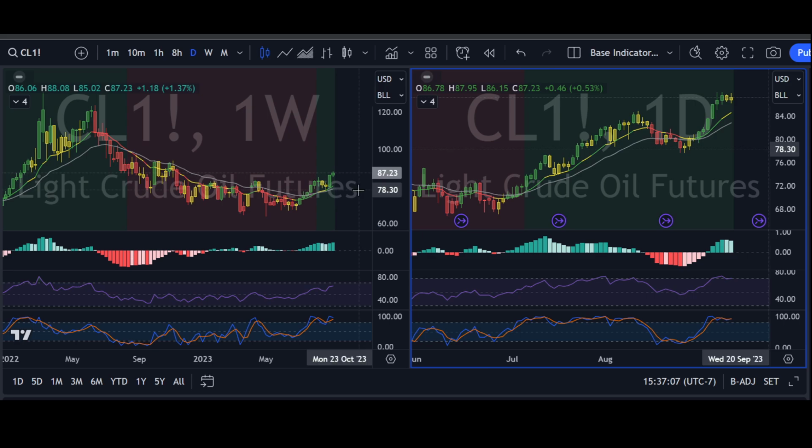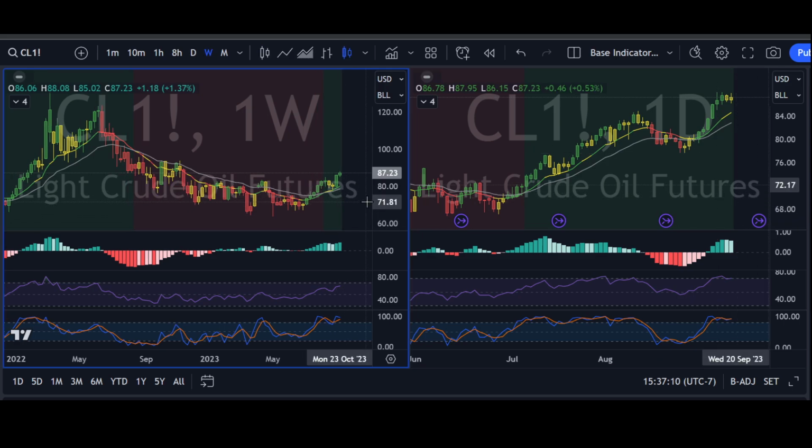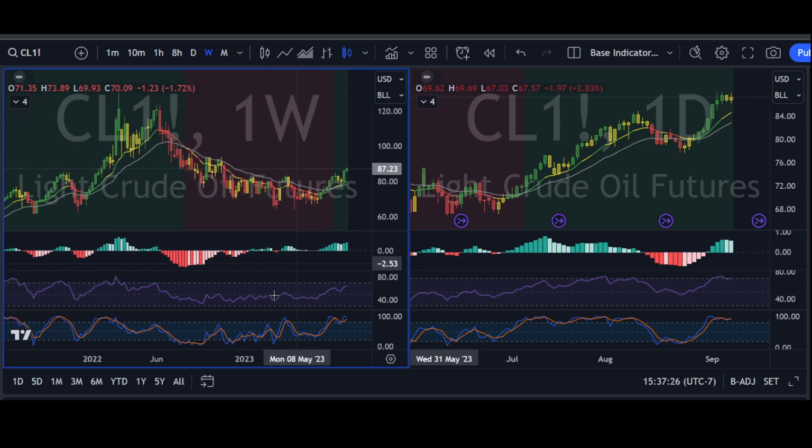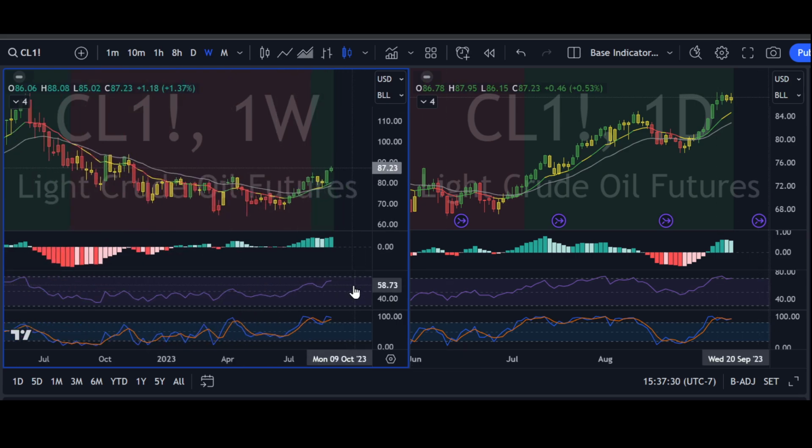So I'm not sure that it's exactly the right time to take the short side of crude at this exact moment in time, but I'm going to be watching for it over the next week or two, because it's entirely possible that this weekly will come up into overbought territory on the RSI.